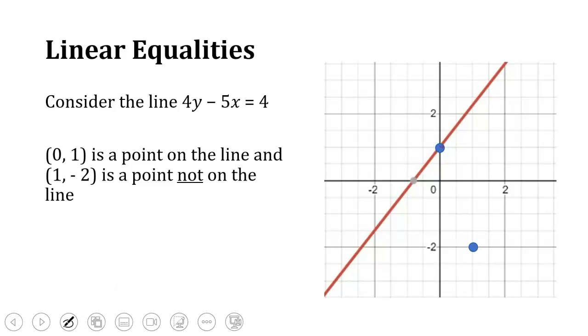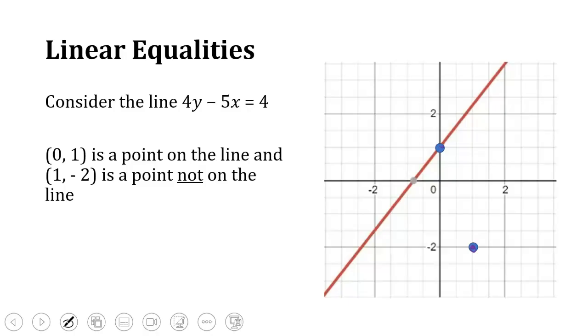But then it asks us, is 1, negative 2 on the line? So 1, negative 2 is down at the bottom. Is that on the line? No, it is not.